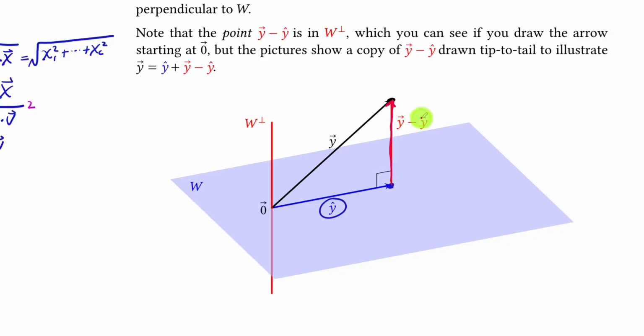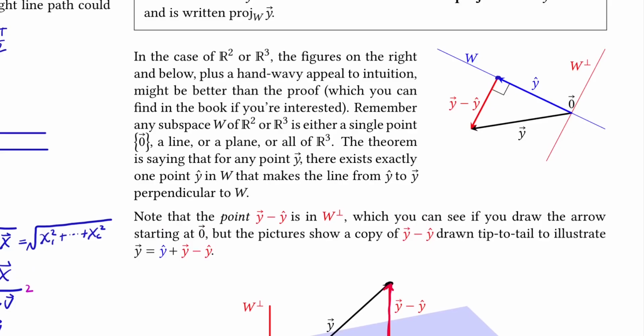And remember, the reason this is y minus y hat is because if you do y hat plus y minus y hat, the y hat just cancels out and you just get y. We should point out that the vector y minus y hat really is a regular old vector.